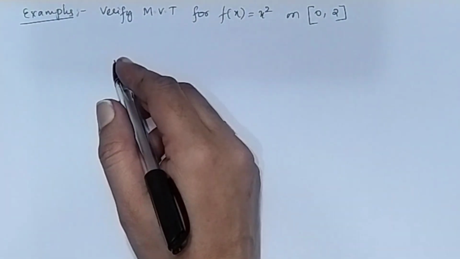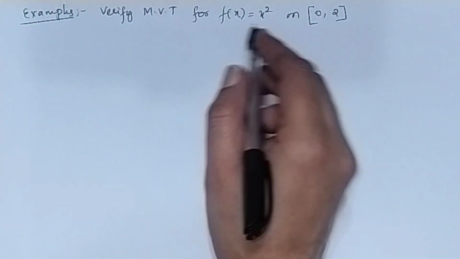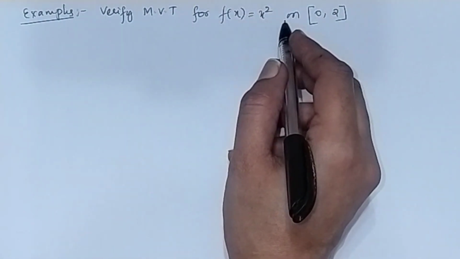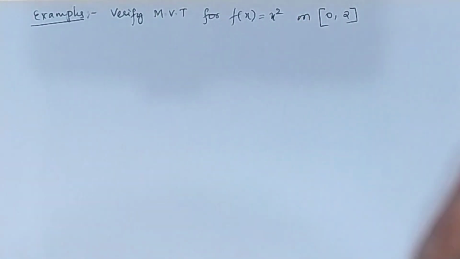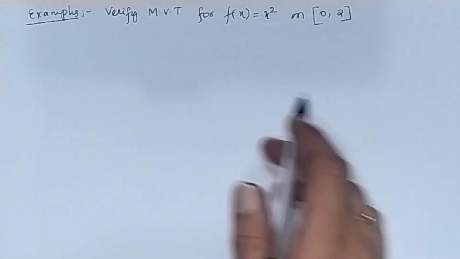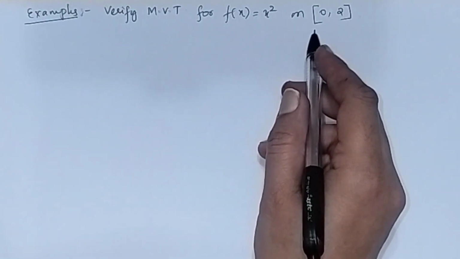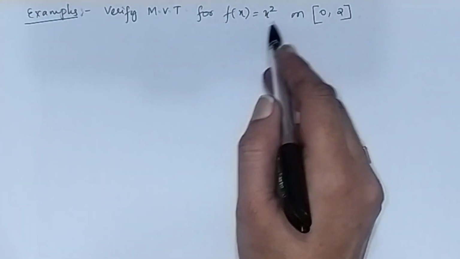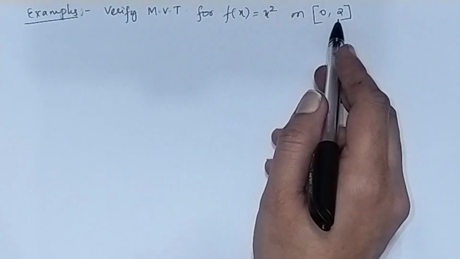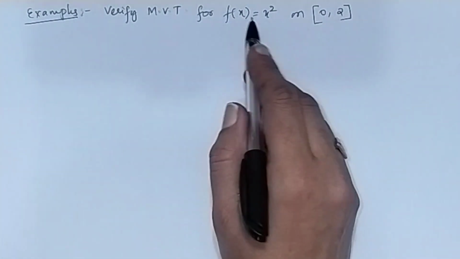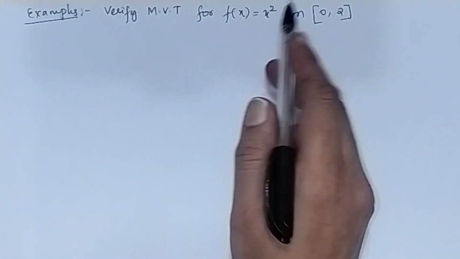Now here is an example. Verify the mean value theorem for the function f of x equal to x square on the closed interval 0, 2. So first you have to check whether the conditions of the mean value theorem are satisfied for this function f of x equal to x square on the closed interval 0, 2. It's a polynomial function, it's a parabola here.